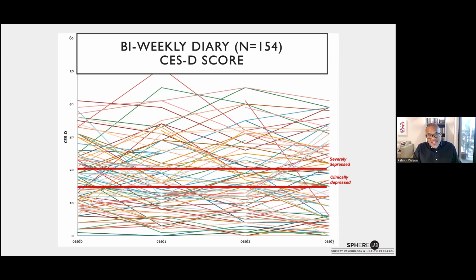While you can't track every line here, you can see that some individuals cycle in and out of what would be considered clinical or severe depression. So even though we capture this when we measure depression using the CESD, we don't necessarily see the person across time. We see the person as a snapshot in time.